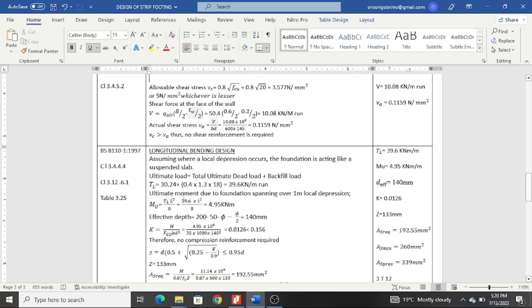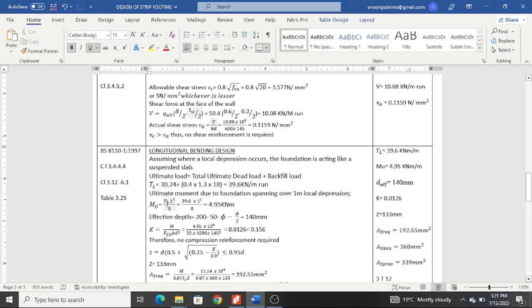And then the ultimate moment due to the foundation: you assume a certain span of the local depression, and in this case I assumed 1 meter because the ground was well compacted and I didn't see any possibility of erosion or anything that could warrant me to use more than 1 meter.